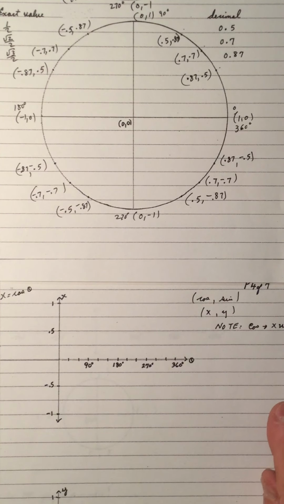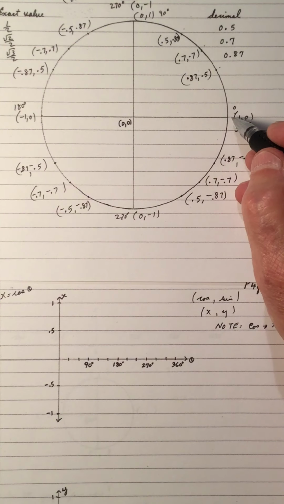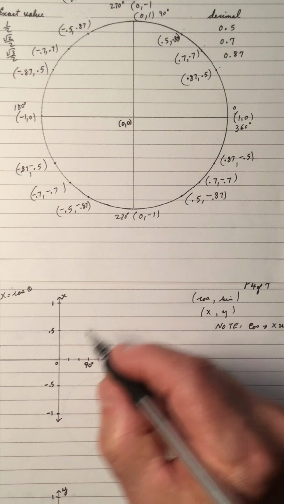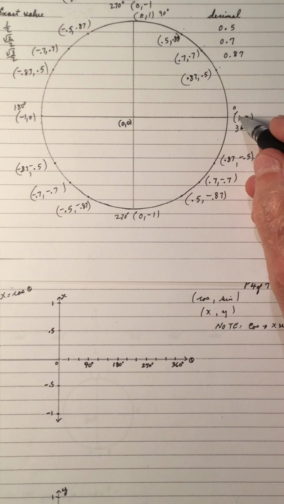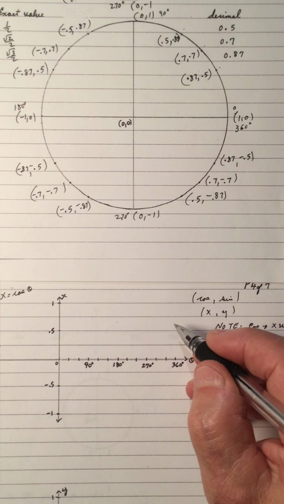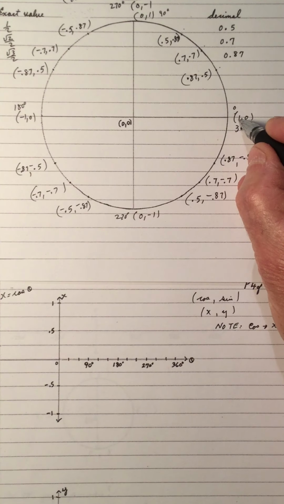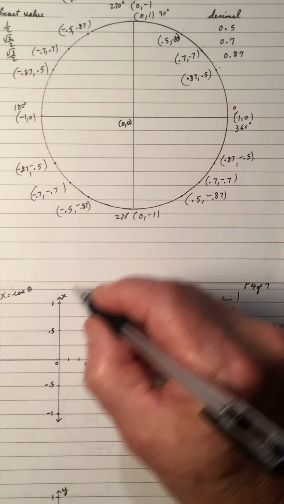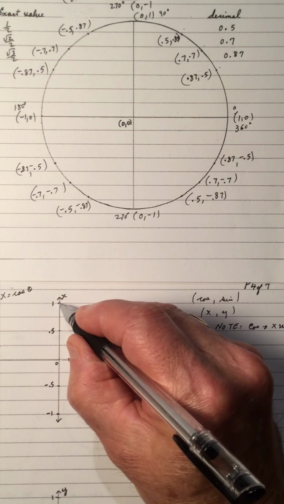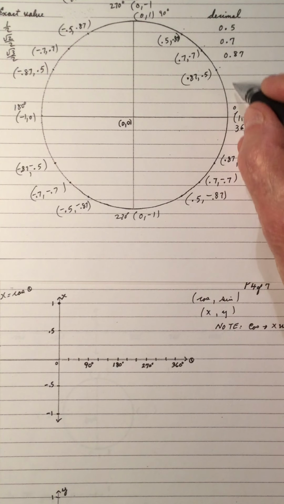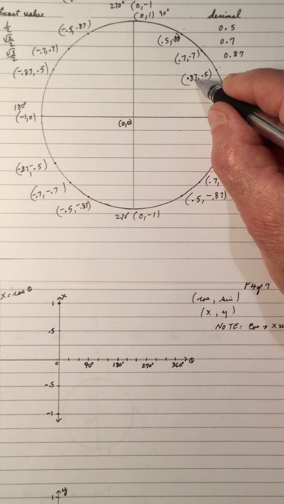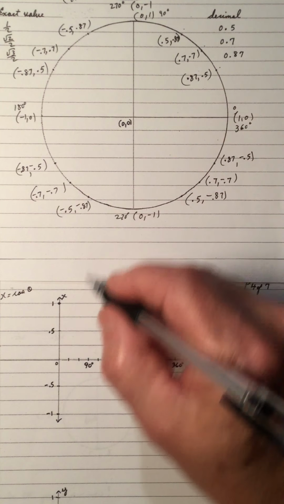So let's graph. So if we start here at 0, we start with the cos is the x. So the x is 1. So when 0 degrees, you have a 1. When you go to 30 degrees, the x is 0.87.